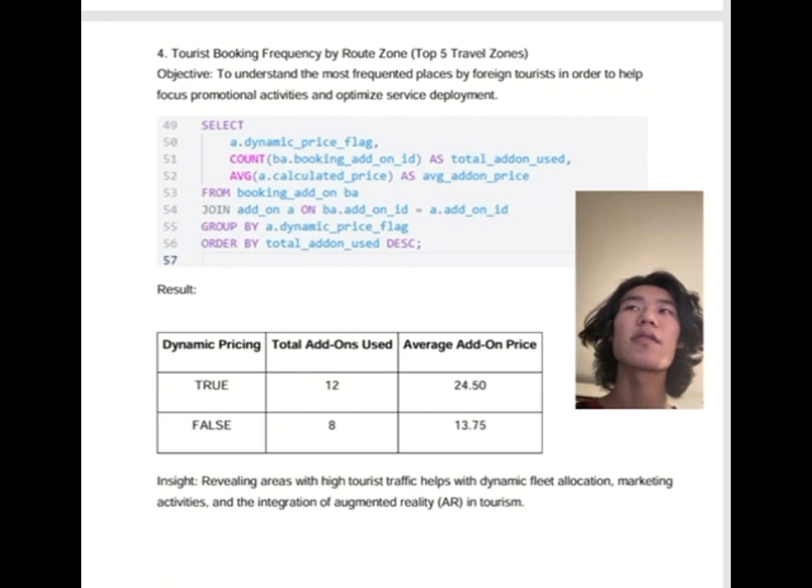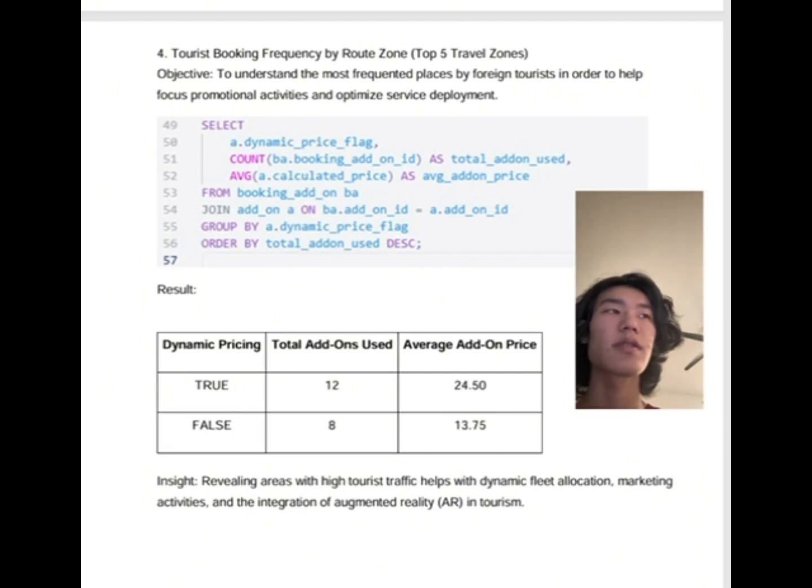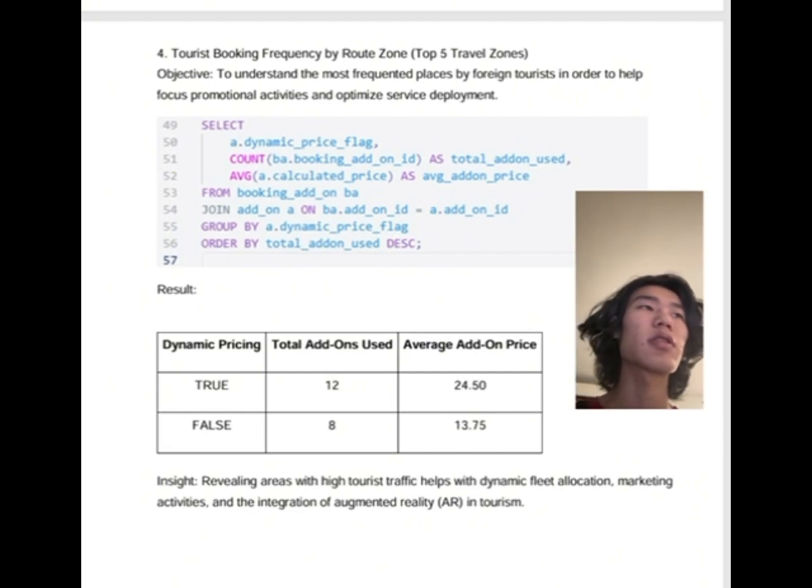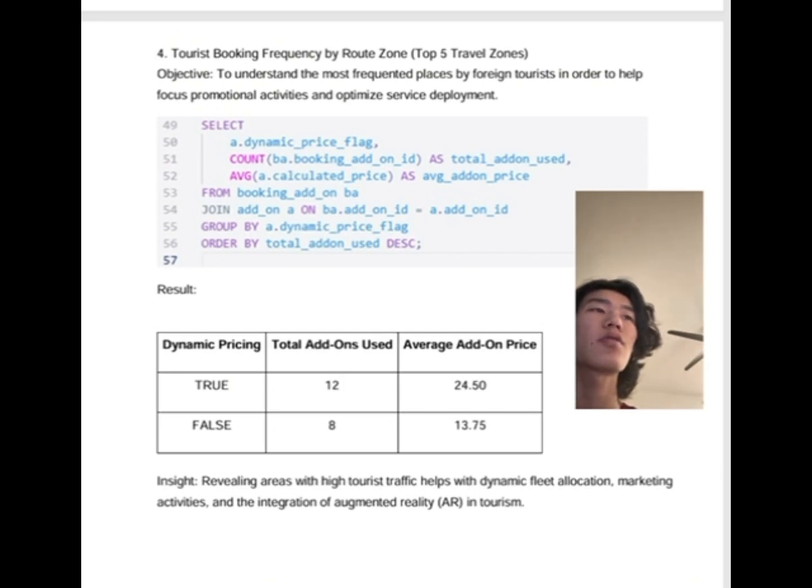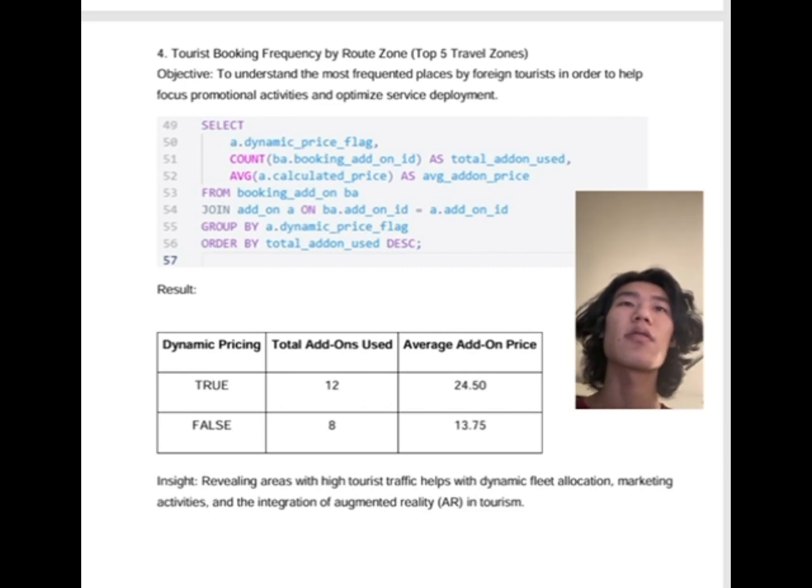The focus of the query is to compare the differences between dynamic pricing and non-dynamic pricing. The results show that under dynamic pricing, tourists used additional service a total of 12 times with an average price of 24.5 per use.